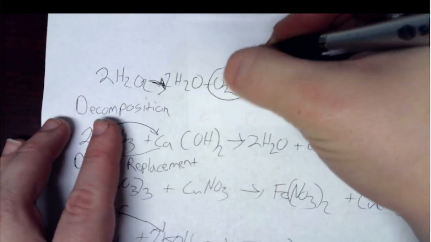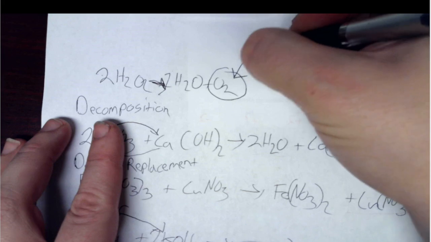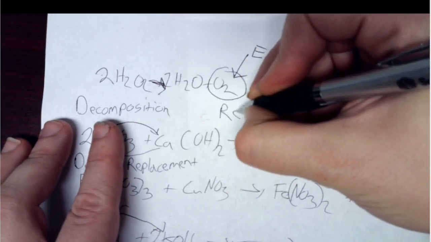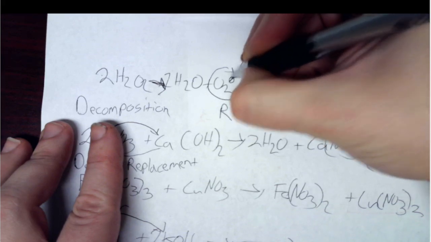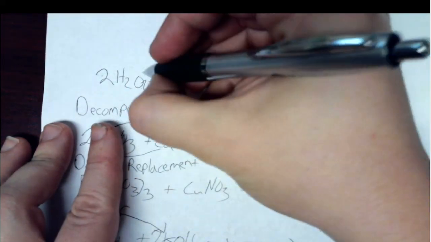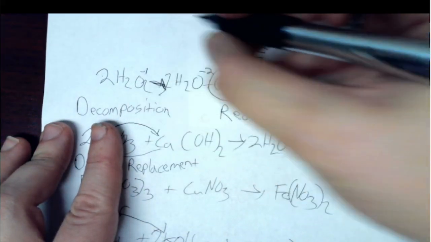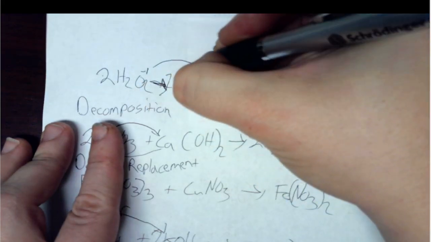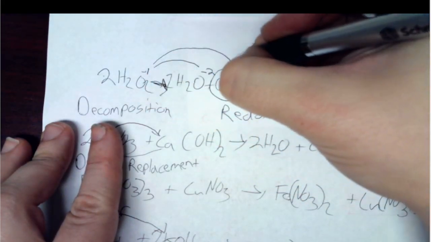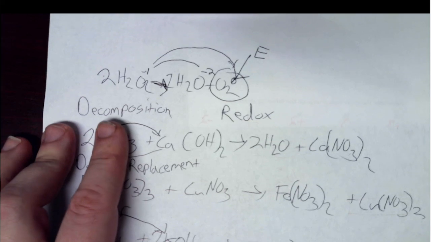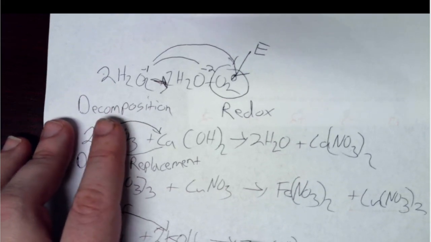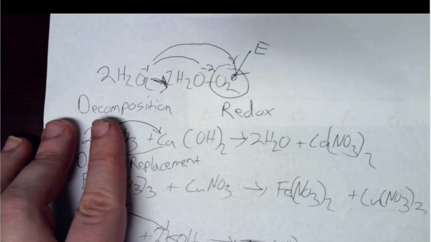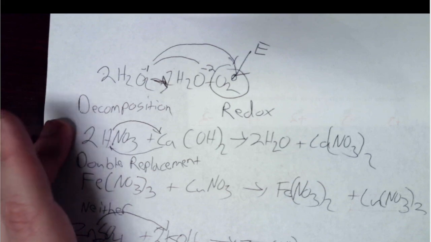A pure element is a dead giveaway that it is redox, because a pure element is always charge 0. That means something has to be losing electrons to get to charge 0. Something has to be gaining electrons to get to 0. So hydrogen peroxide is both losing and gaining, so it's a redox.